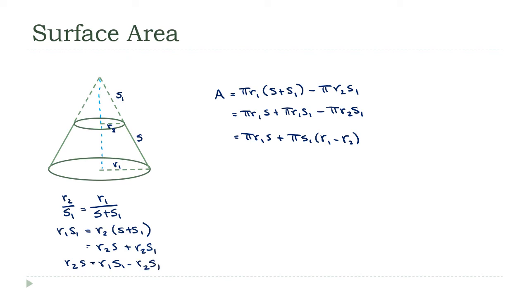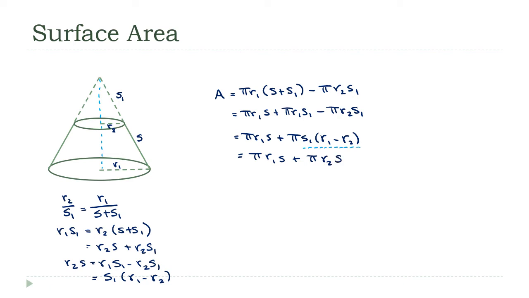Let's factor S1 out of here. S1 times (R1 minus R2). And you notice over here, I have S1 times (R1 minus R2). I'm going to replace that with R2S. Right, so this equals pi R1S plus pi R2S.